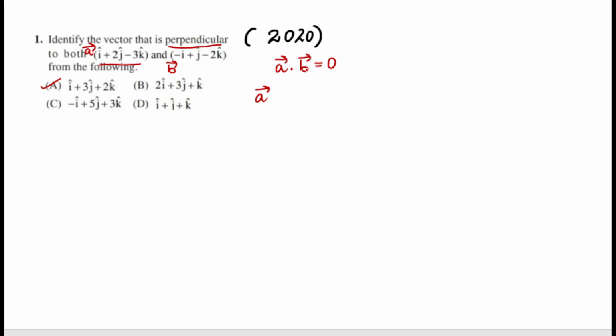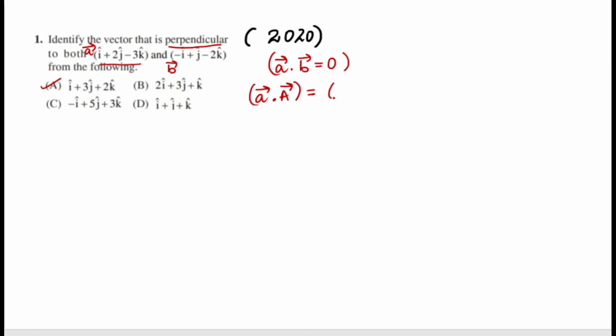We need to identify the vector that is perpendicular to both. This is the general condition, perpendicular to both vectors. I'm considering option A to be the c vector.